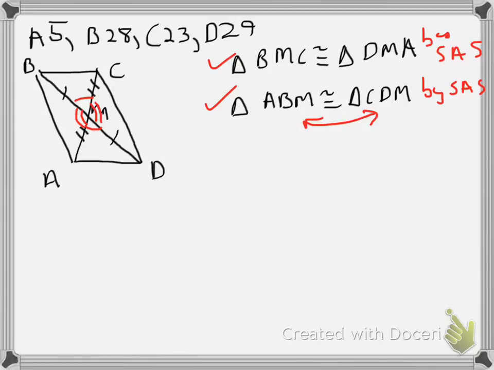I'll use blue here. So I know by CPCTC, this angle is the same as this angle. And I know that this angle here is the same, I'll put a mark in there, a double mark, is the same as that one there. Okay, let's use some different colors here.